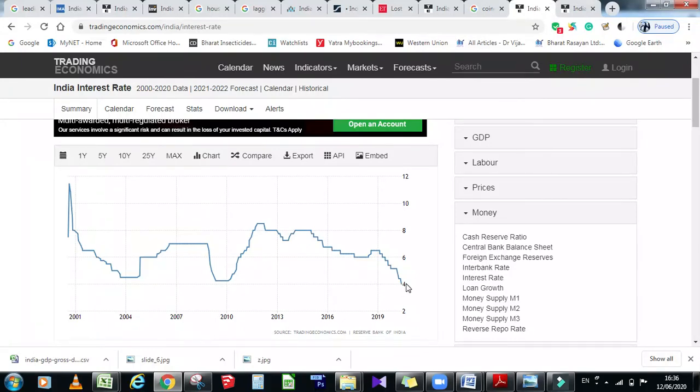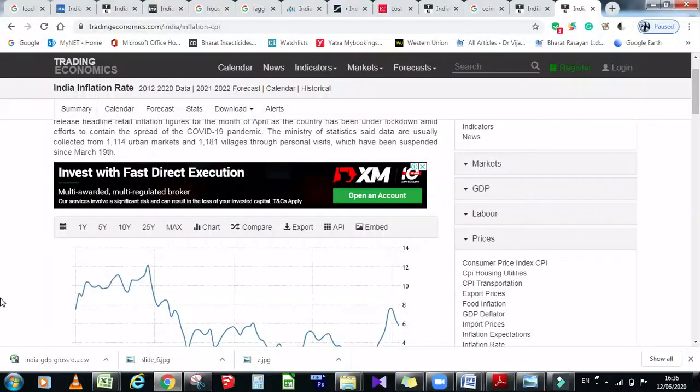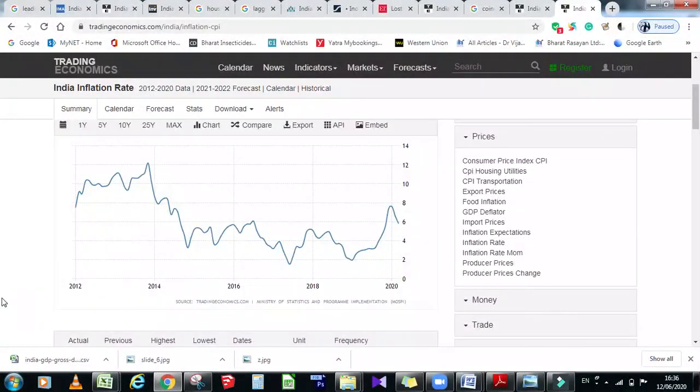Of course it's COVID, and in 2008 it was the recession of the Lehman crisis, and before that was the internet bubble zone. And let's see the inflation rate. Inflation rate is also a coincident indicator.